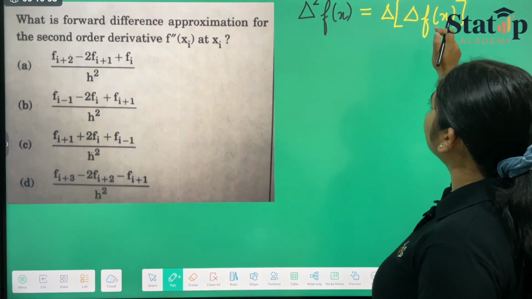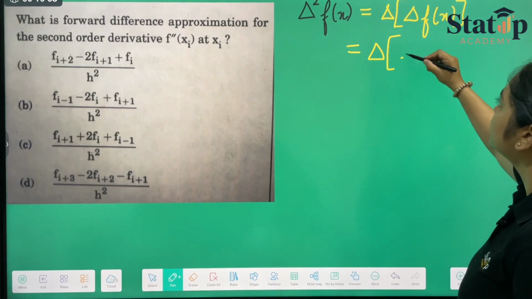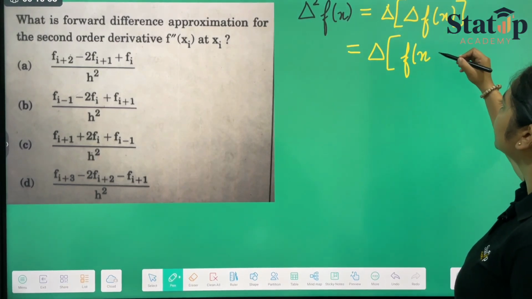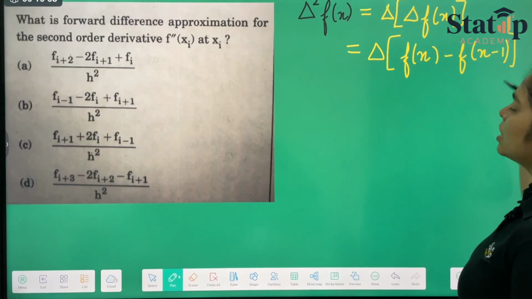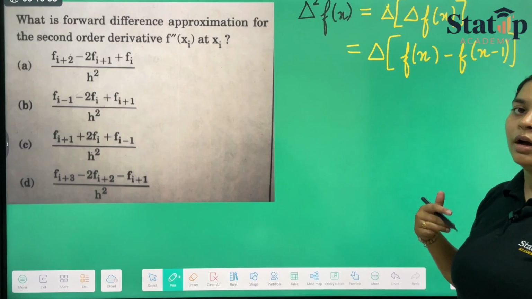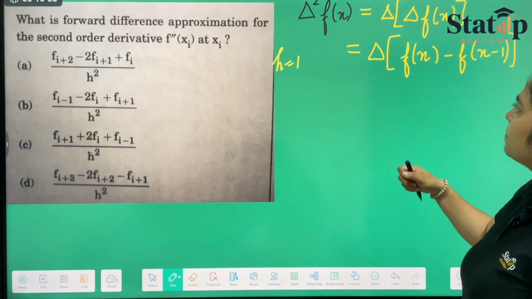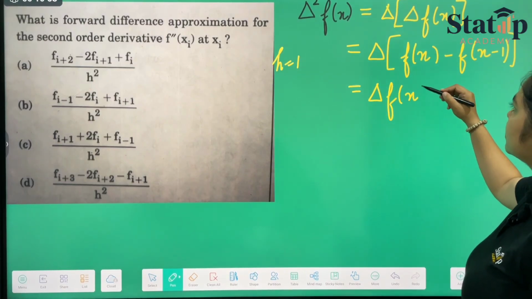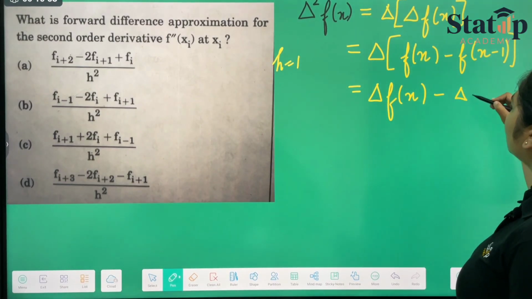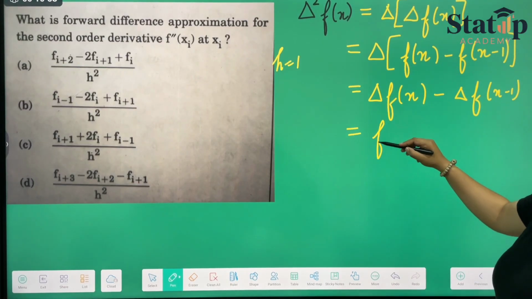Now, first of all, we'll calculate inside the bracket. Delta fx is fx minus fx minus 1. Let it be minus h, but we are considering here h equals 1, let us suppose. Okay, then the delta goes inside, it will be delta of fx minus delta of fx minus 1. This will become what?